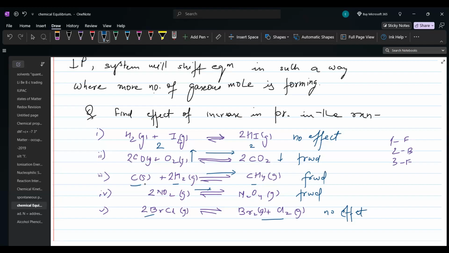When we increase the pressure, the system wants to decrease the pressure. How can it decrease the pressure? By forming a lesser number of moles. The lesser number of moles is on the product side, so it wants to make more product. That is why more and more forward reaction goes on, so that the system's pressure will start decreasing.